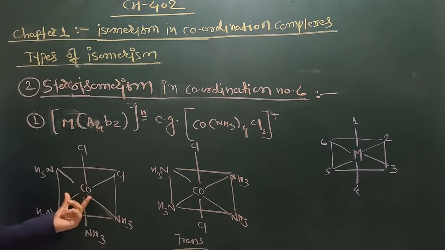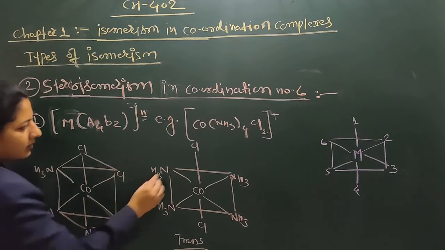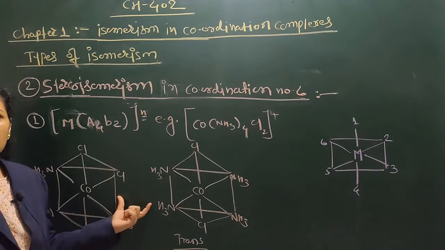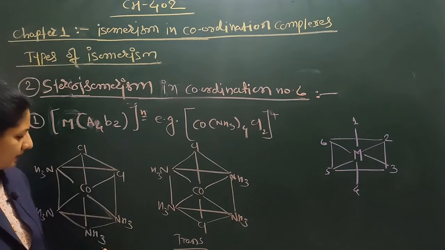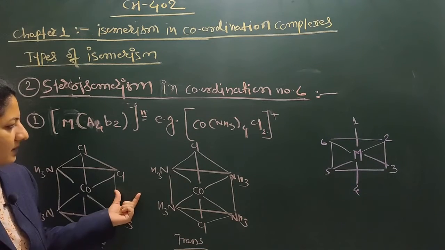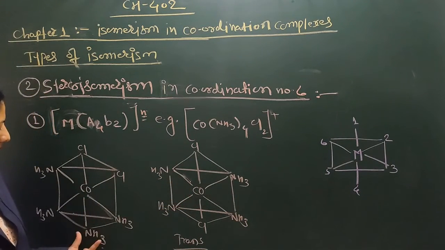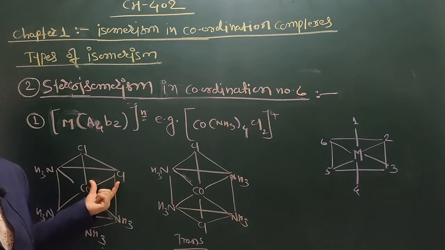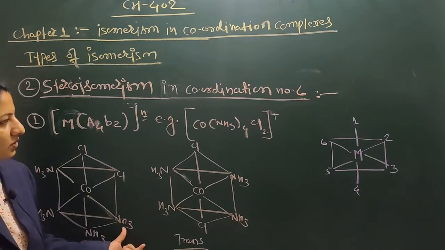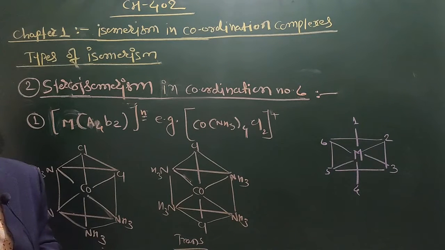So for that type there will be 3 possible arrangements. Only 2 geometrical isomers are possible, that is cis and trans. Optical isomerism is not shown by this type because there will be adjacent positions of equivalent ligands, so that's why it does not show optical isomerism. So just 2 geometrical isomers are possible in that type.